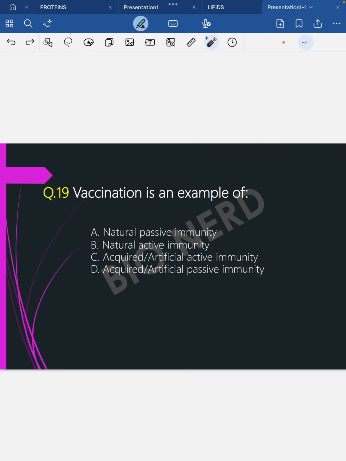So alpha option is not correct. Beta option is also false, because vaccination doesn't mean a natural process. It is an artificial process. And when we inject vaccine, the immune system becomes activated. So you know very well, when the immune system of a person is activated and starts to produce antibodies, we call it active immunity. So here the answer will be acquired artificial active immunity.